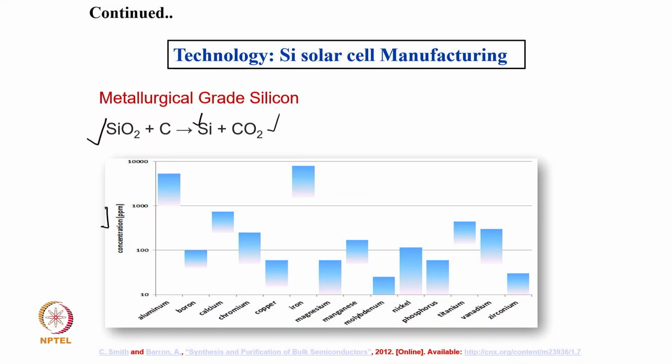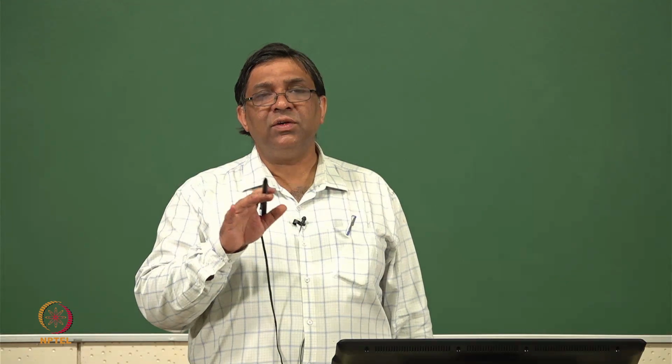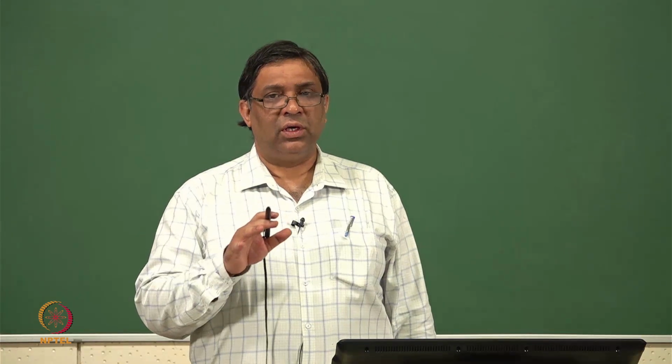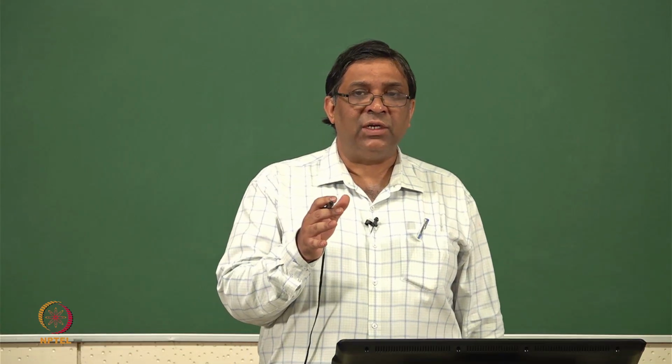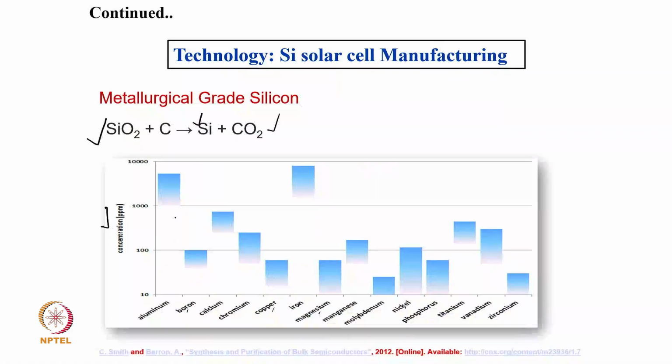There are many elements, starting from aluminum, boron, calcium, chromium, copper, iron, magnesium, manganese, molybdenum, nickel, phosphorus, titanium, vanadium, zirconium, etc. Although metallurgical grade silicon is also pure silicon, the purity level may be 97 to 98%. So there are many elements present as impurities in metallurgical grade silicon, and it cannot be used for solar cell purposes.